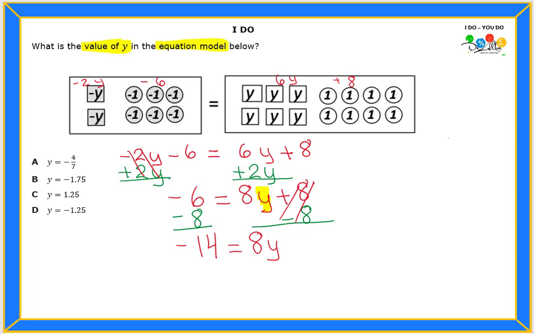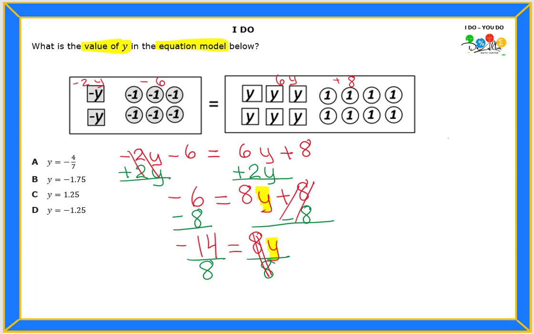Okay? And it's getting better because look at my y. It's almost by itself, right? So I need to get rid of that 8. And that 8, it's multiplying the y. The opposite of multiplying, it's dividing. So I'm going to divide by 8. Okay? So what's going to happen to the 8 over 8?